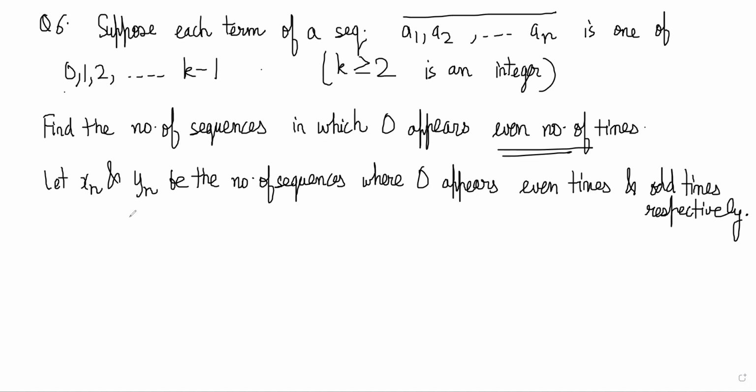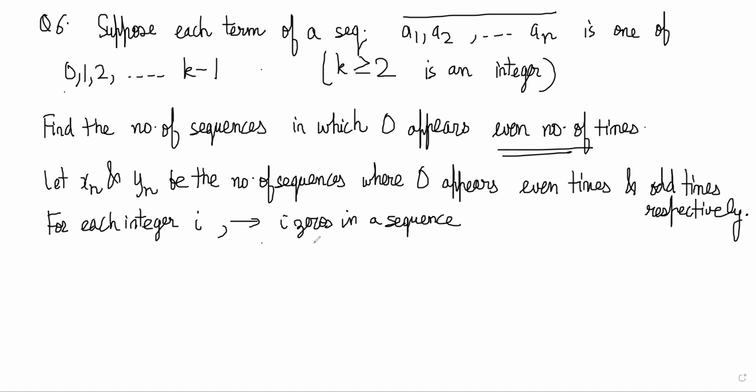Okay. So for each integer I, let's say there are I zeros in a sequence. How many such sequences are possible? How do we count the number of sequences which have exactly I zeros, right?